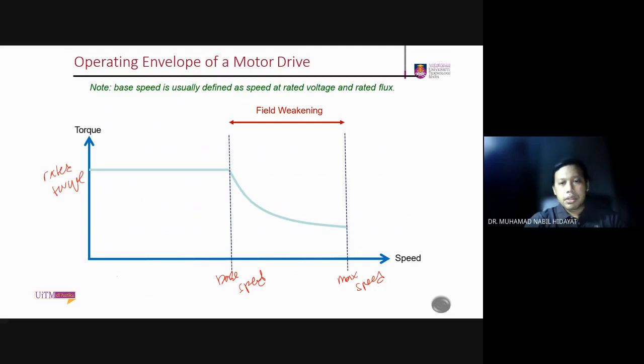But if you want to increase your speed further, it can also be done within the maximum limit, max speed. This will be, just as we discussed before, the mechanical maximum speed, and this can be achieved with field weakening.